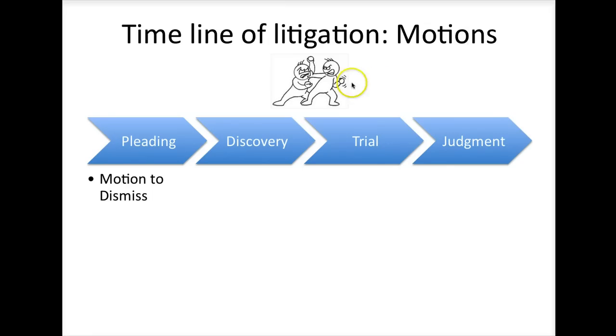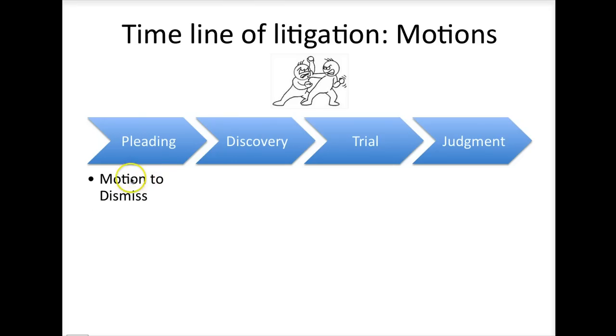We're going to look at a series of motions which ask the judge for a shortcut to judgment. In other words, these motions ask the judge to change the straightforward timeline to judgment and instead skip ahead to judgment, bypassing several of the standard steps.